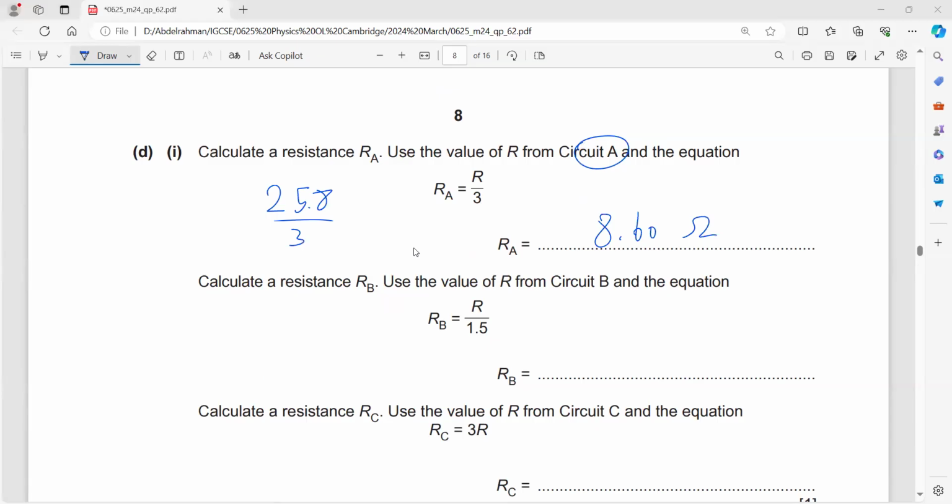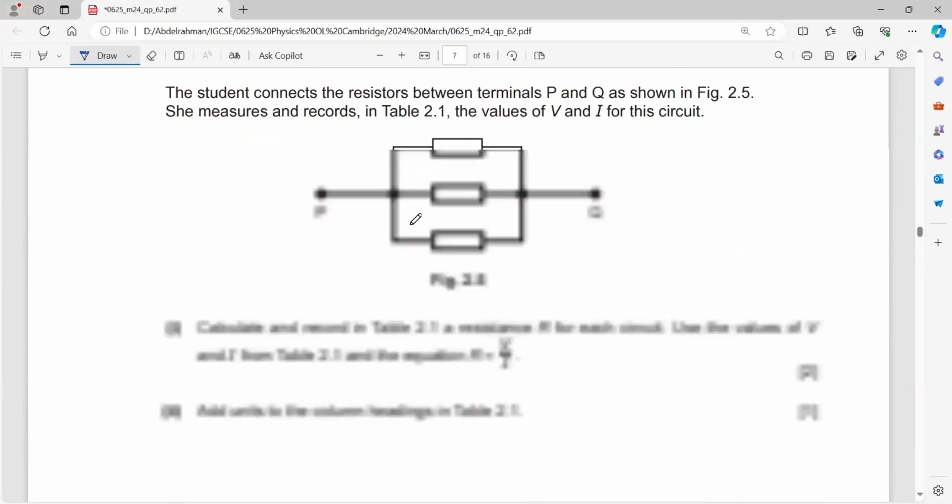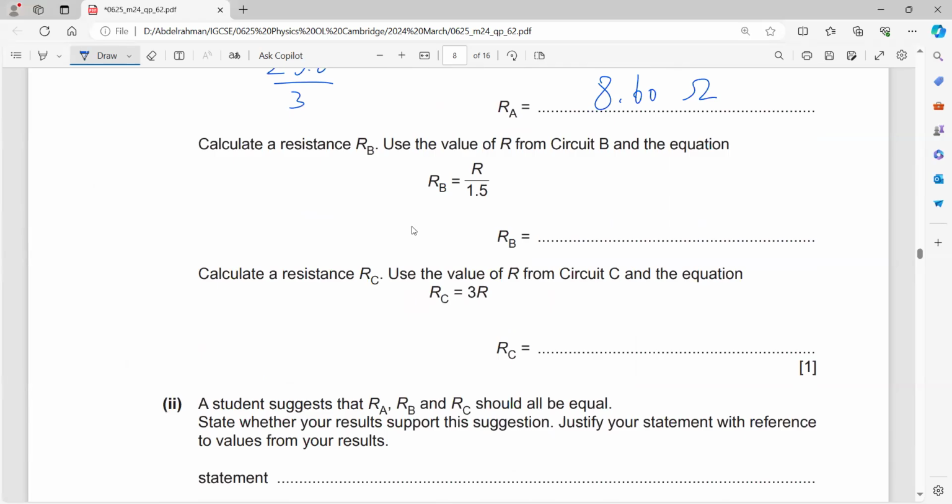Okay, the other one would be R over 1.5, which was 13.2 over 1.5, and the last one is 3 times 3.02. This would give me a total resistance of 8.80 ohms.